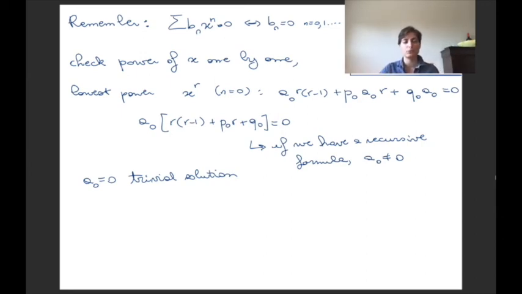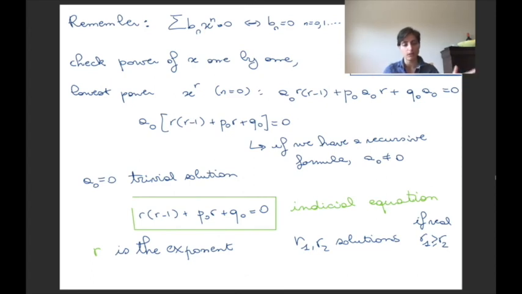But we'd like to build up a recursive formula, and we want a0 to be different than 0. a0 equal to 0 gives us the trivial solution. So in order for a0 to be different than 0, the thing we're multiplying a0 by should be equal to 0. So we have r(r minus 1) plus p0 r plus q0 equal to 0, and this is called the indicial equation, with r being the exponent. And we expect r1 and r2 being two solutions.